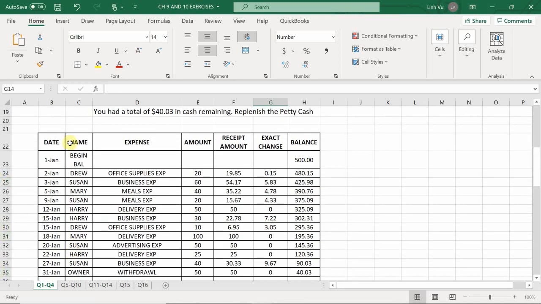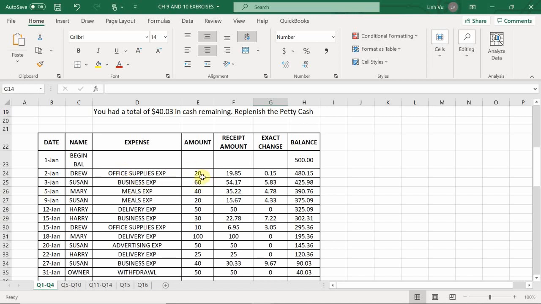So again, since we established on January 1st that we had $500, this is what the petty cash manager is responsible for. They're responsible to record the date that a person has taken money out. So in this case, the names are here. So Drew was the first person who took money out, and he went to go buy office supplies.